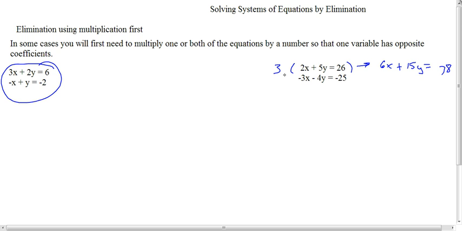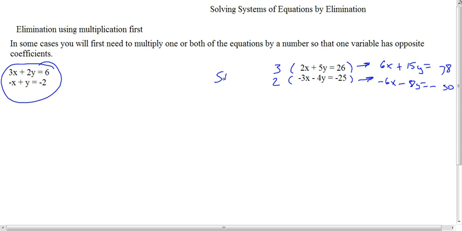And here we'll multiply this equation by 2, and that's going to give us negative 6x minus 8y is equal to negative 50.